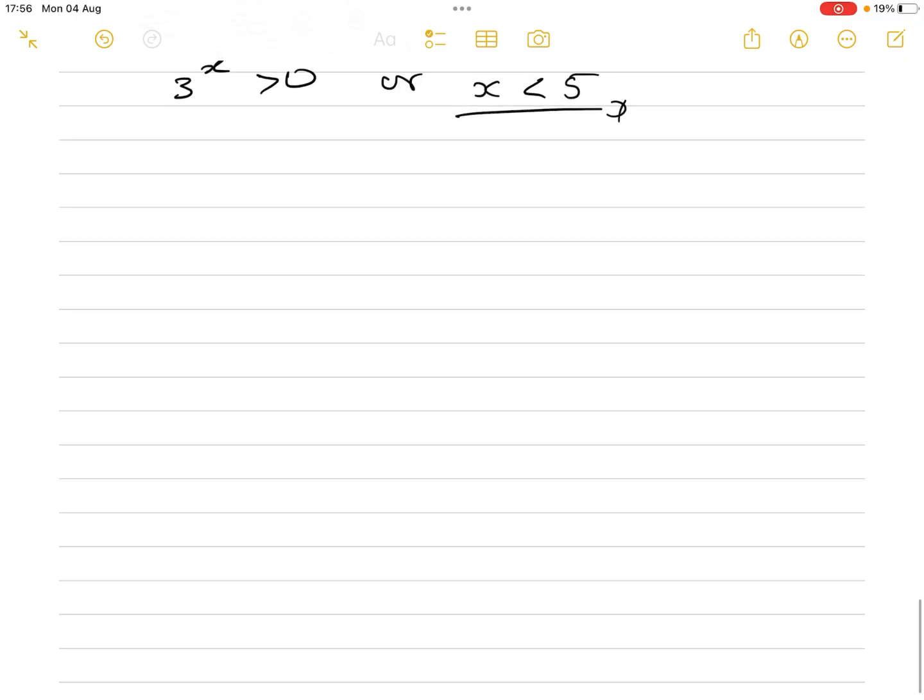Right, now we are continuing. We are now going to 1.2. We are done with 1.1. So in 1.2, we are required to solve for x and y simultaneously.